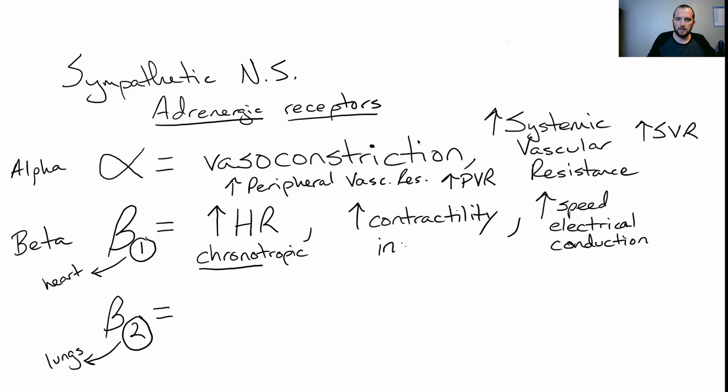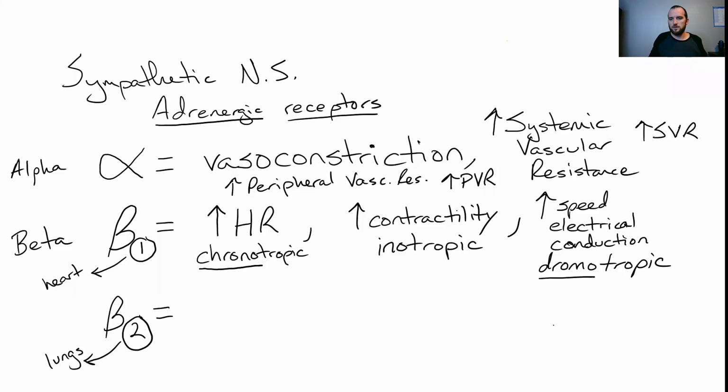Contractility is the inotropic effect. A positive inotropic effect is going to be increased contractility, or increased strength of that contraction, how hard that heart muscle actually contracts. And then the last one, the electricity moving through, is the dromotropic effect.